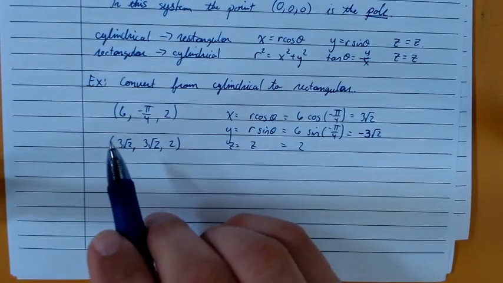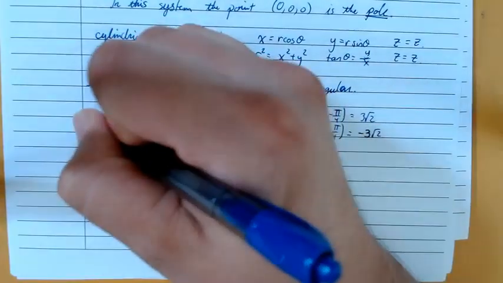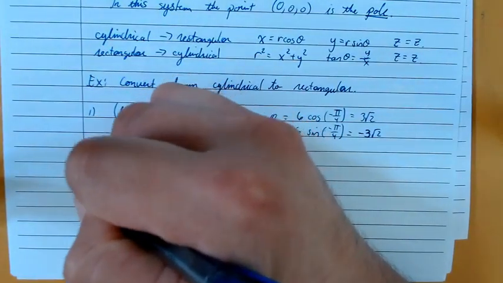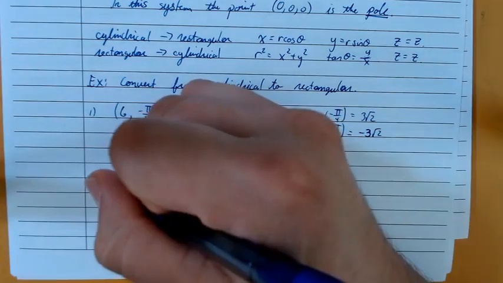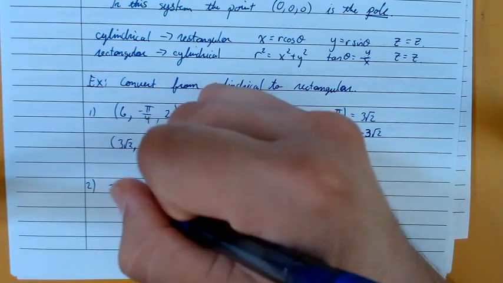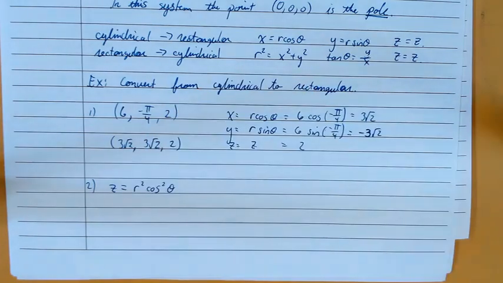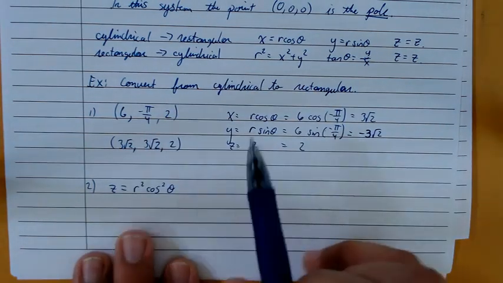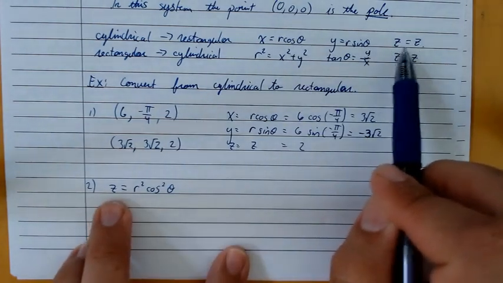Now, you don't just convert points to points. You might also convert equations to equations. So for example, let's consider z is equal to r squared cosine squared of theta. To convert to rectangular, again, we're using all of this stuff. Anytime you see a z, you're just going to leave that alone.